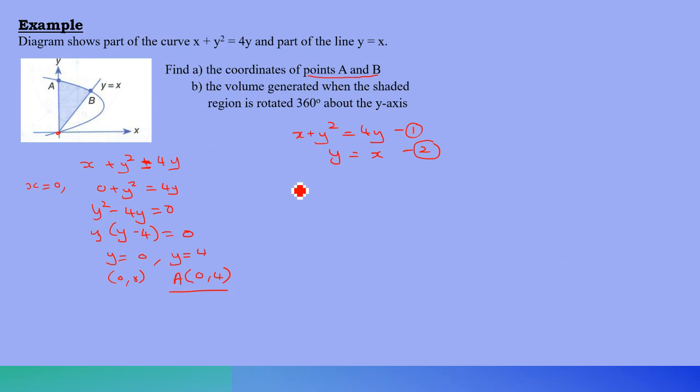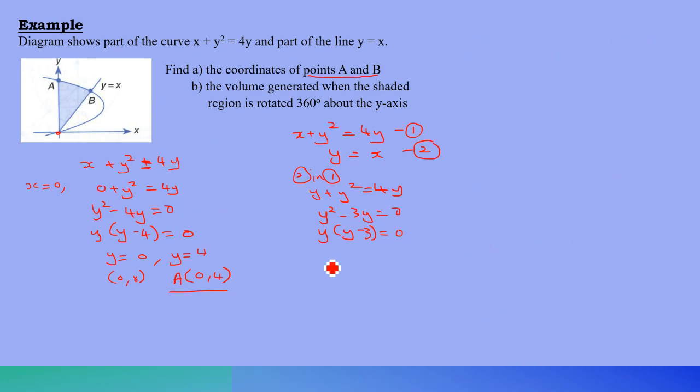So y plus y squared equals 4y. Bring it all together to the same side. So y squared minus 3y equals 0. Factorize.